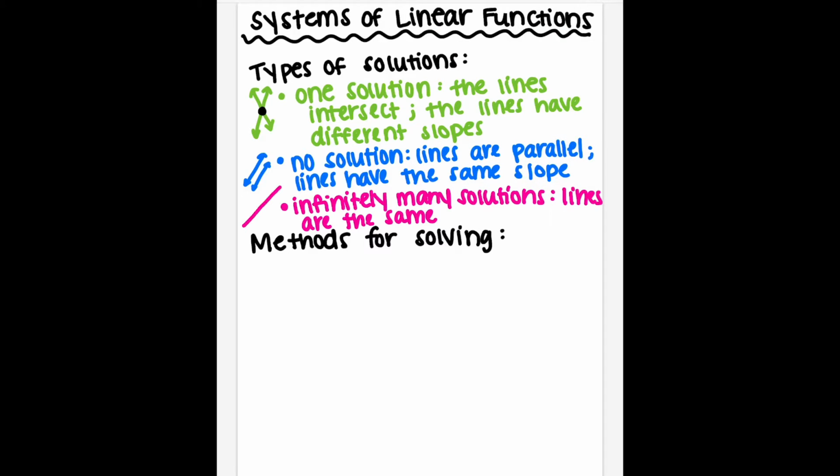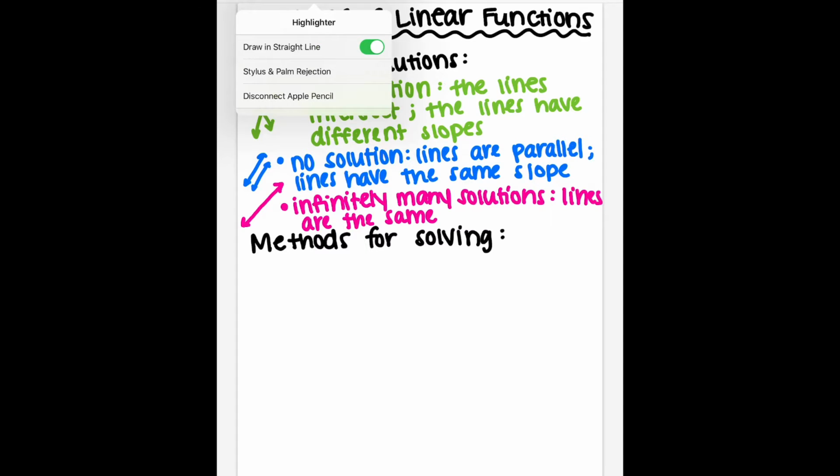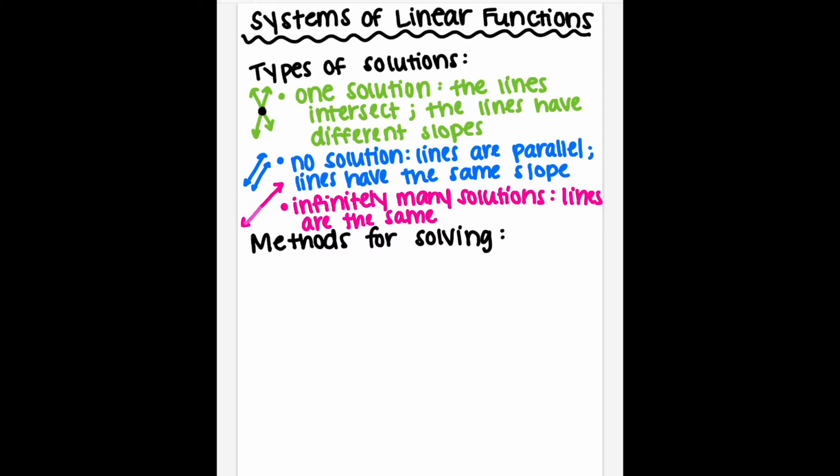And if there are infinitely many solutions, that simply means that when you graph the lines, they are the exact same line. So if this first line that I drew in pink overlaps another line, so if those are the same line, then there are infinitely many solutions because they have all points in common.